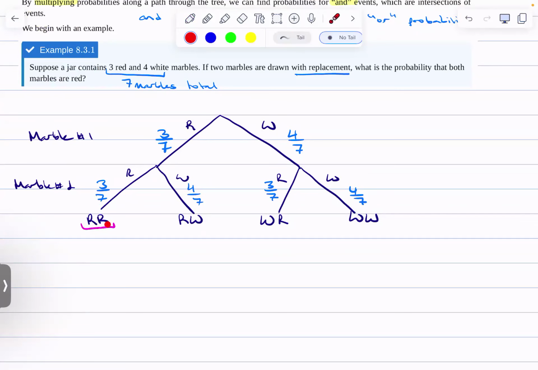When we write RR, really what we mean is R and R: marble 1, marble 2, a red and a red, a red and a white, a white and a red, a white and a white.